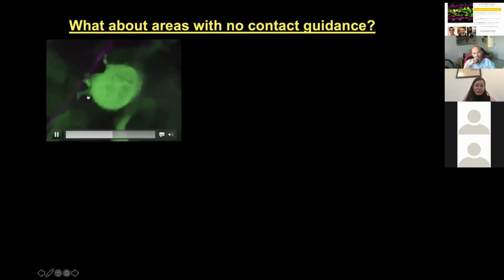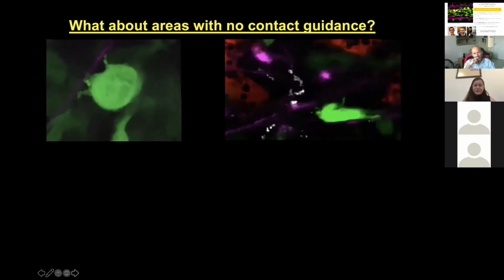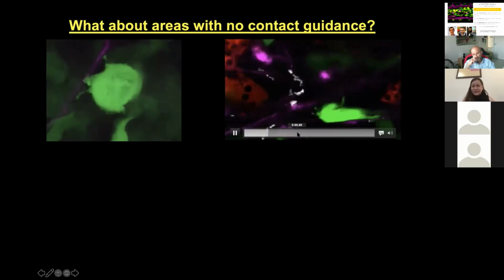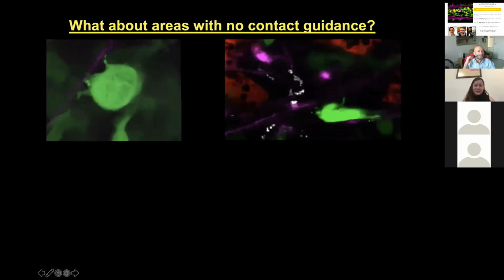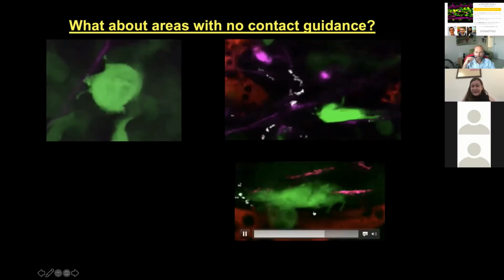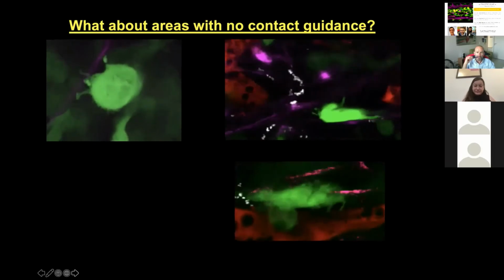So little protrusions that are wrapping around the collagen fiber. And so this is kind of similar to what Giorgio was just showing. So they are actually even oscillating, polymerizing and depolymerizing actin in the vicinity of the blood vessel. Some of them are even pushing into the blood vessel.